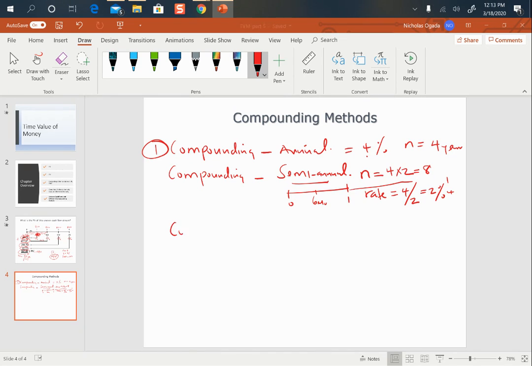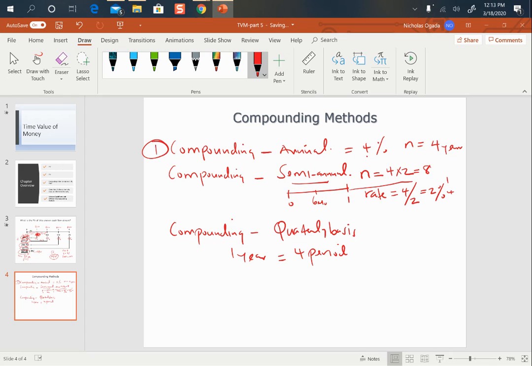If the compounding was different, let's say it was on a quarterly basis, then in 1 year you have 4 periods, because every 3 months you earn interest.